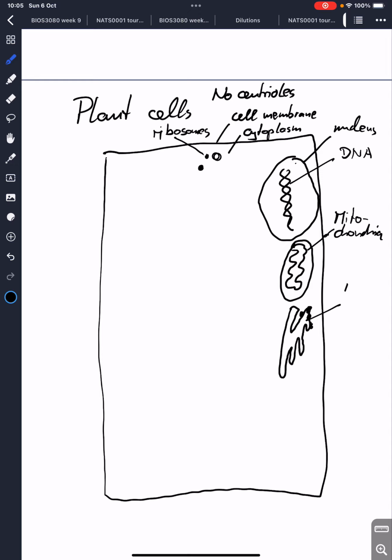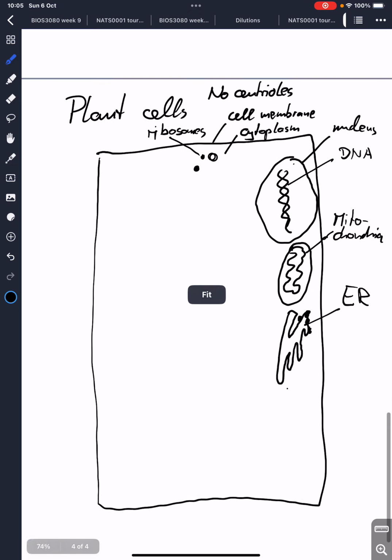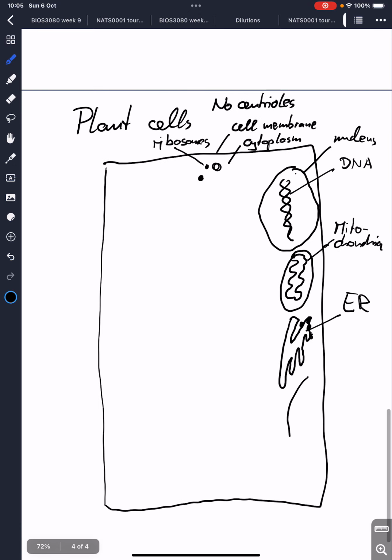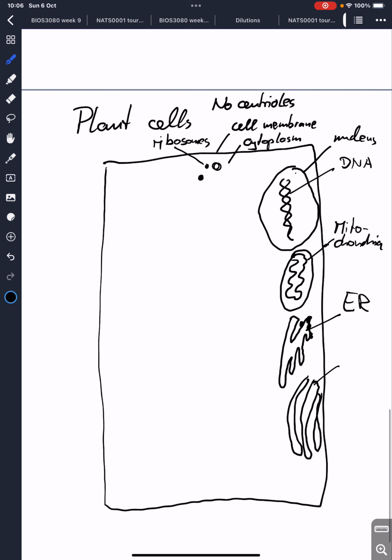We also have the Golgi apparatus in these plant cells. We have peroxisomes for the detoxification and breakdown.